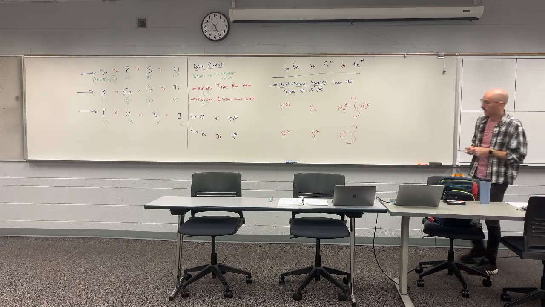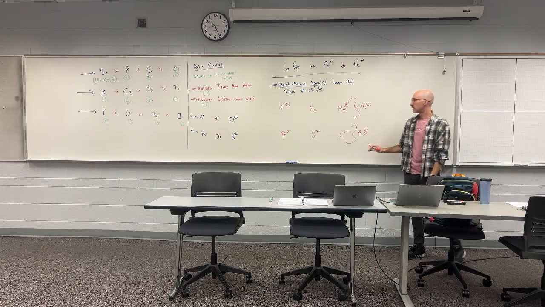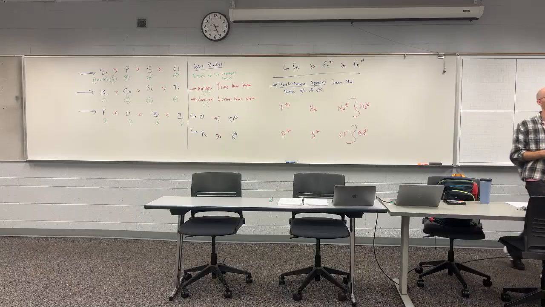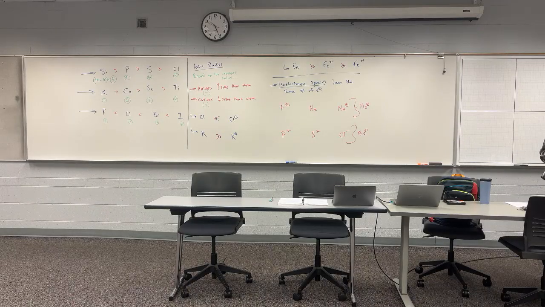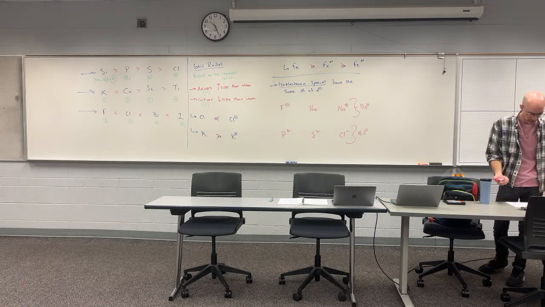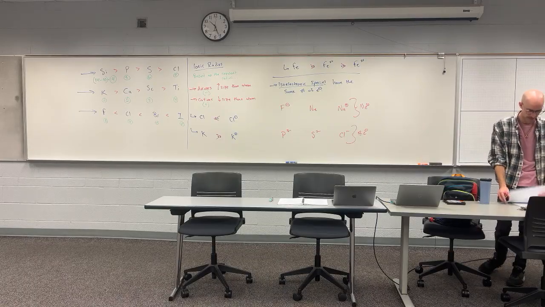Chlorine has 17 electrons, chloride has 18 electrons. These 3 ions are all isoelectronic to what neutral species? Argon. They're all isoelectronic to argon, as well as the potassium plus ion and the calcium 2+ ion.